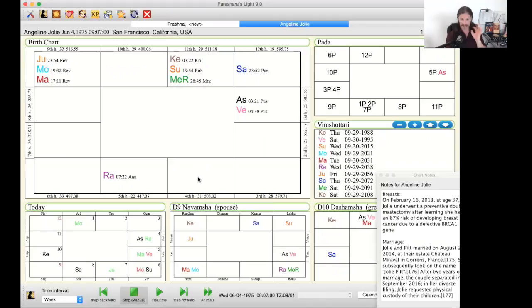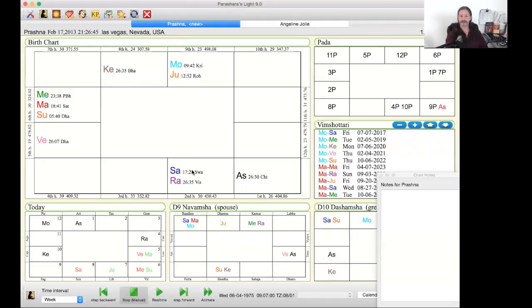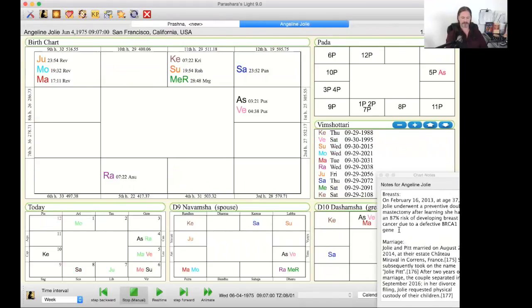Elective. She elected to do it basically because of the fear of getting cancer. And fear is eighth house. She didn't get cancer. She just had the fear of it because of this BRCA1 gene. So again, eighth house is the fear of death.